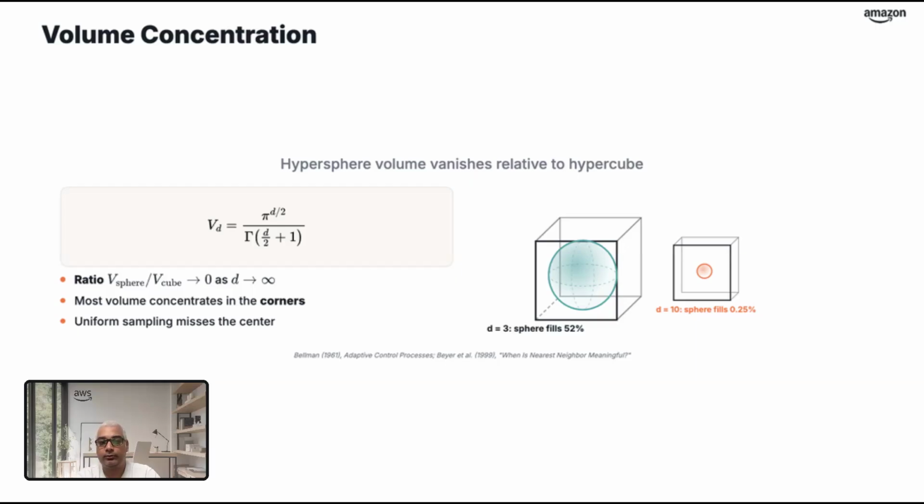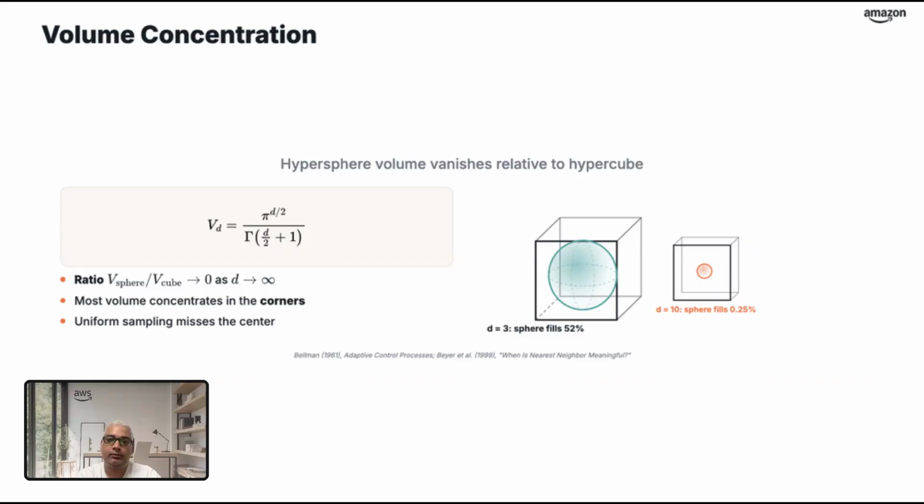The formula on the slide, visible on the left part of the slide, shows why this would happen. The volume of the unit d-dimensional sphere is pi raised to the power of d by 2, so it's roughly around 1.5, 1.6 to the power d. Which means that the numerator grows exponentially with d.